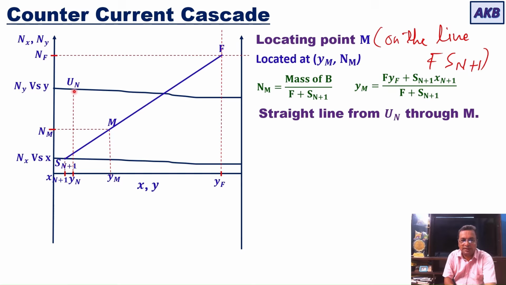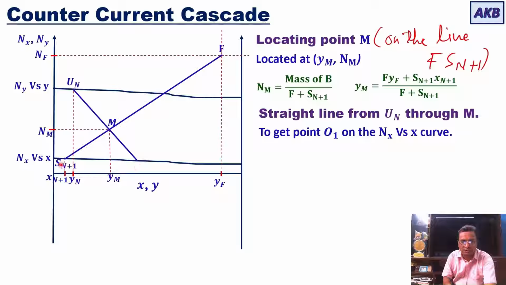So next task is we have to start at this point un, draw a straight line, allow it to pass through m, and then extend it to the nx versus x curve to get an intersection. You will be drawing a straight line from un, allowing it to pass through m, and then we will get an intersection on the nx versus x curve, and I will name that intersection point O1.